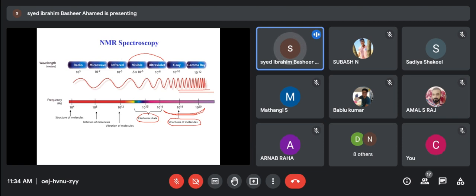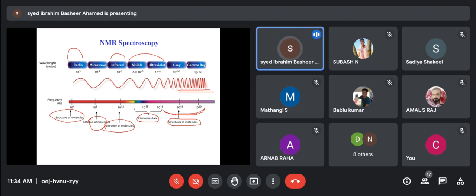With IR spectra, you can find out the molecular vibration. Then the wavelength is longer still, and you can study the rotational movement of the molecules. Then you have radio waves, which have a very long wavelength, and still you can use those for studying the structures of the molecule.